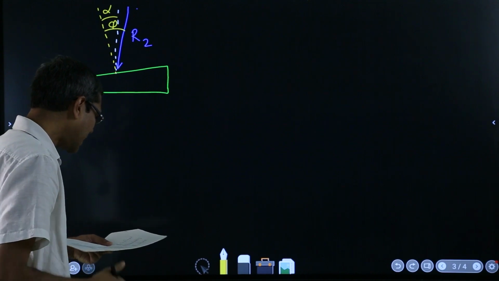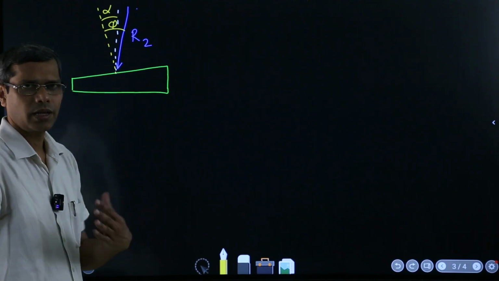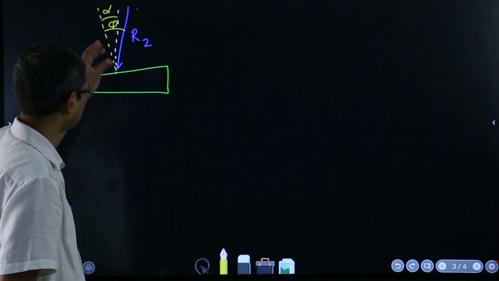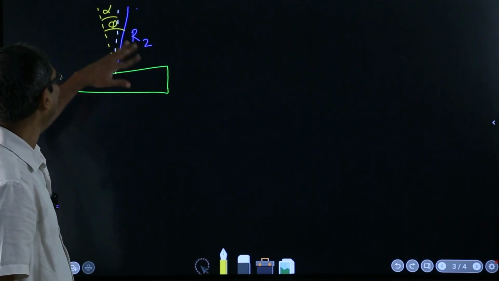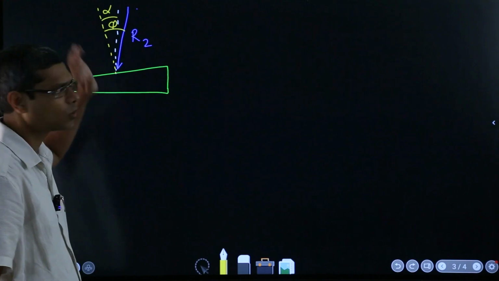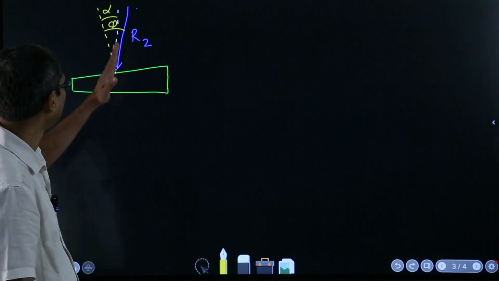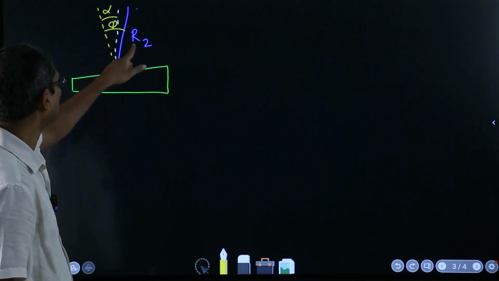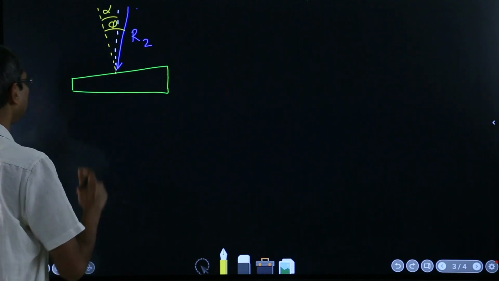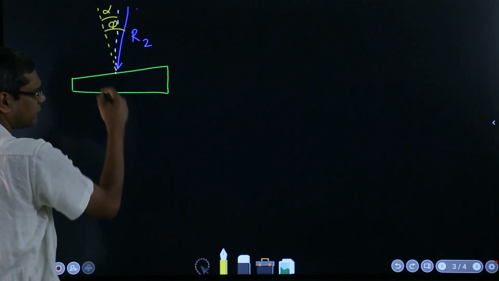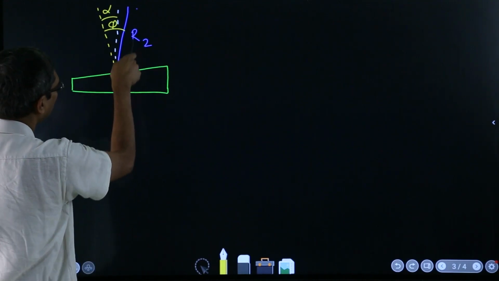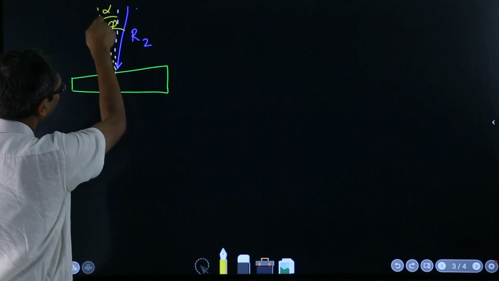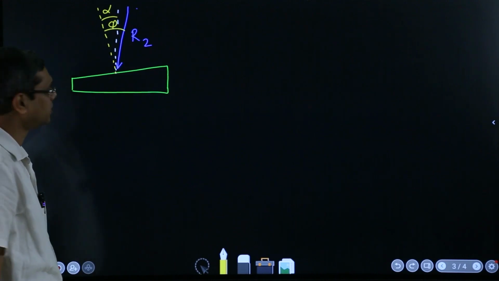Imagine that phi for this case; you can actually draw for the other case. Now let's assume that phi is more than alpha. So it is assumed that this pair of surfaces is on the verge of slipping. That is why R2 will make an angle phi with the perpendicular to the surface.